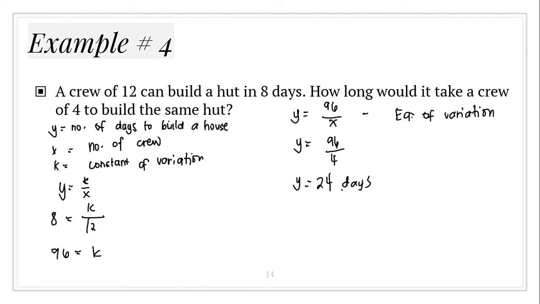So, for you to check if your answer is correct, let's write it: 12 over 4, the number of crew over the number of crew, is equal to the number of days over 8 days.